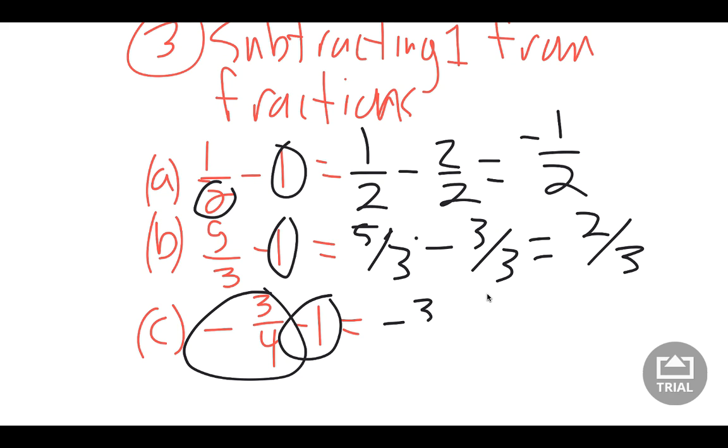So it's going to be negative 3 over 4 minus 4 over 4. Negative 3 minus 4, negative 7 over 4. Okay, that's subtracting 1 from fractions. And we do that by representing the 1 with the denominator that's in the fraction. I think you'll get that fairly quickly.